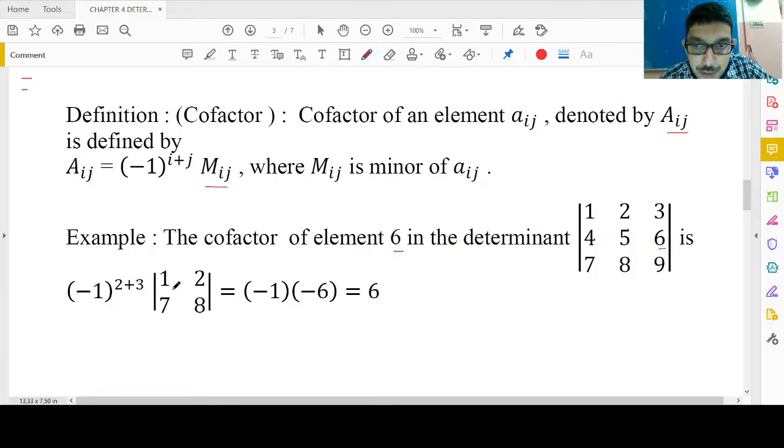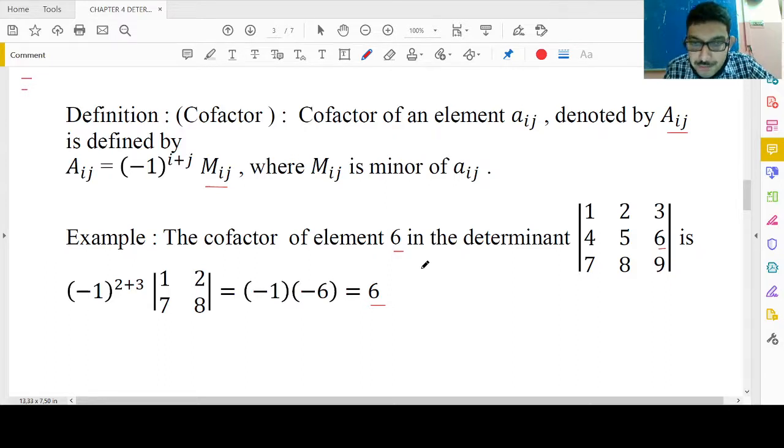So the minor, minus 6, is multiplied with minus 1 because the position is second row, third column. So it will become minus 1 into minus 6, which is 6. So this is the cofactor of element 6.